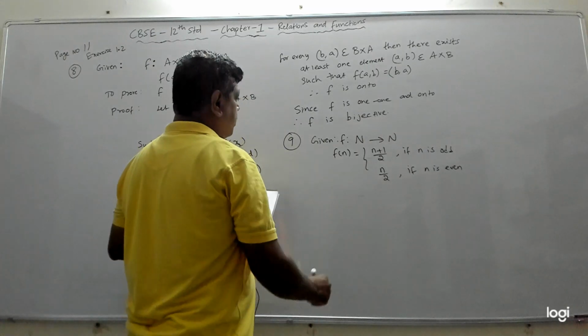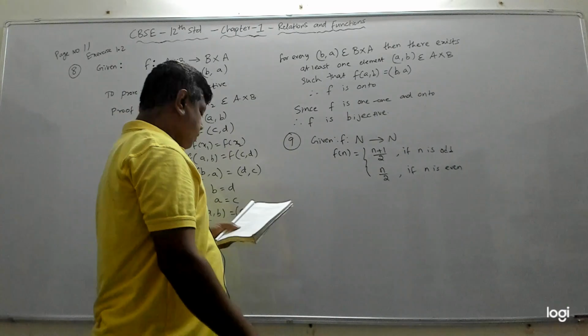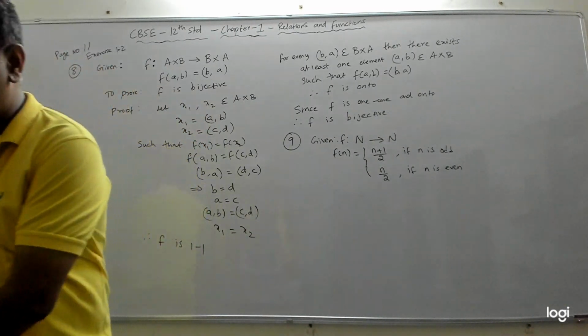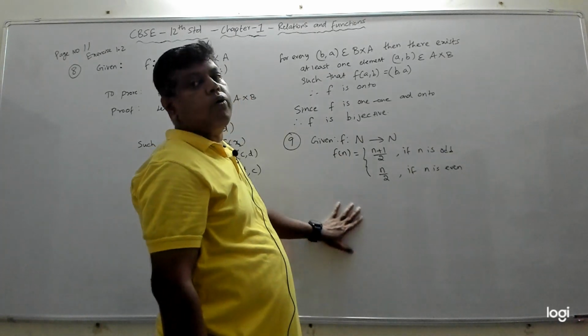This is the definition of f of n. Now state whether f is bijective. Justify your answer. We have to check whether f is bijective or not, which means we have to check whether f is both 1 to 1 and onto.